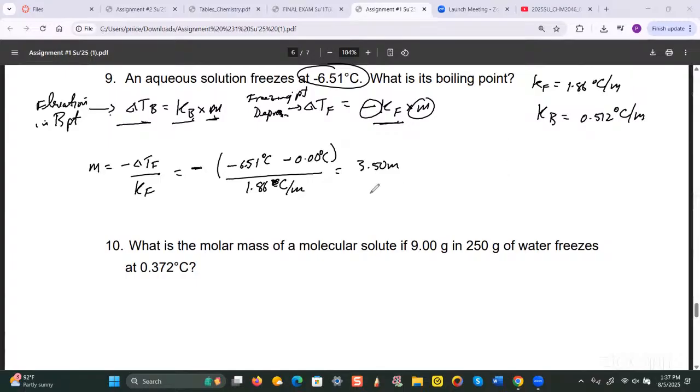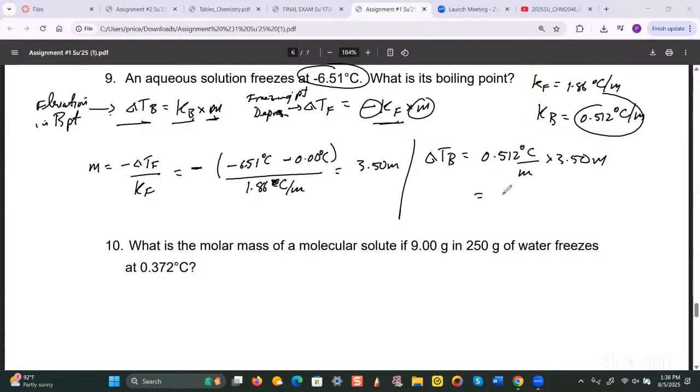So now that we have M, then we can use the same M value over here to find delta TB. So delta TB would be equal to KB, which is 0.512 degrees Celsius over M, multiplied by 3.50 M. So let's see what that gives.